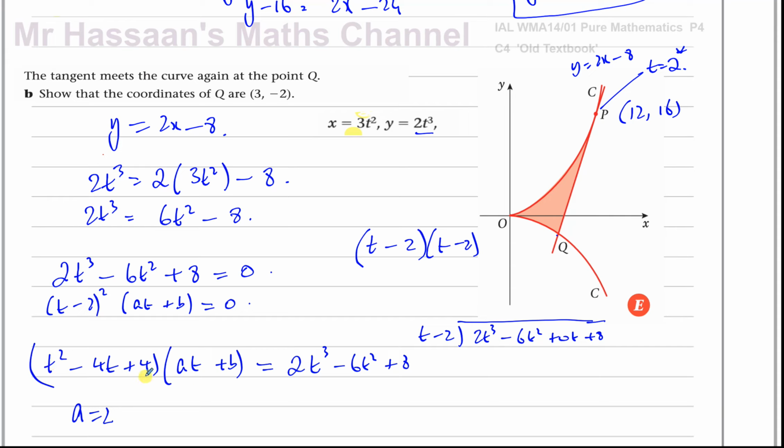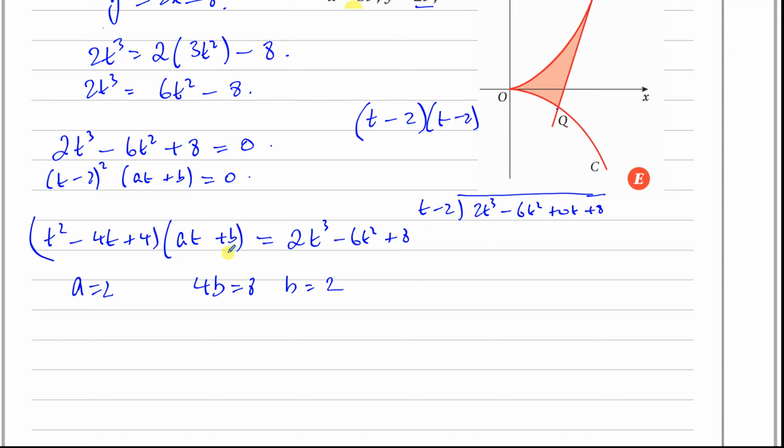And we can also look at the last two terms. We can say 4 times b must give me 8. So we can say, therefore, that b is equal to 2. Okay, so the other factor, this factor here, is 2t + 2. All right, that's the other factor. That means if you factorize this whole thing, you'll end up with (t - 2)² times (2t + 2) equals 0.